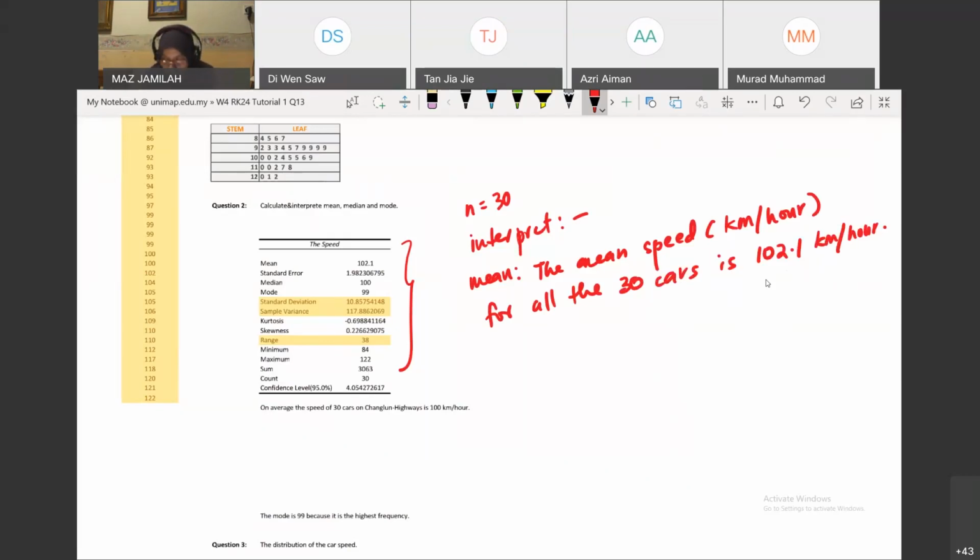It looks very simple, but many of you will disregard this because your concern is only to calculate. What about the median? How should you interpret the median? Can I have someone to try for the median? Class?